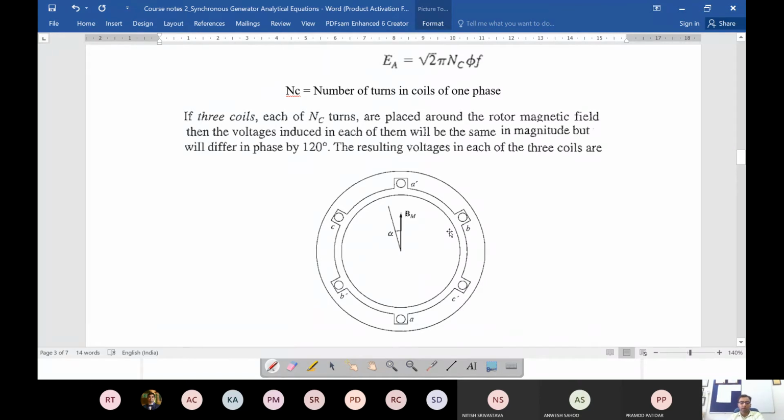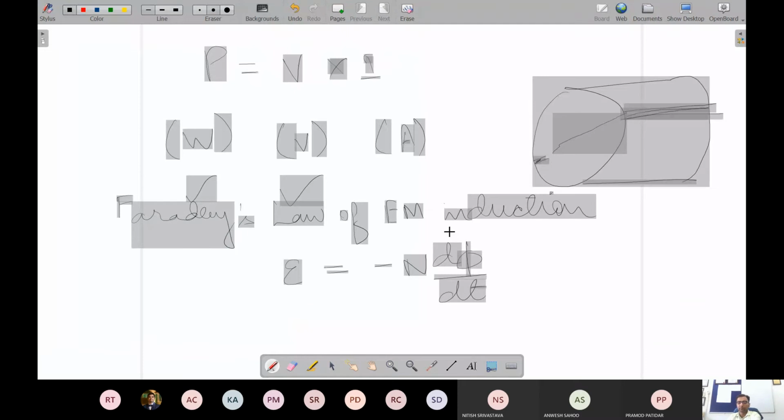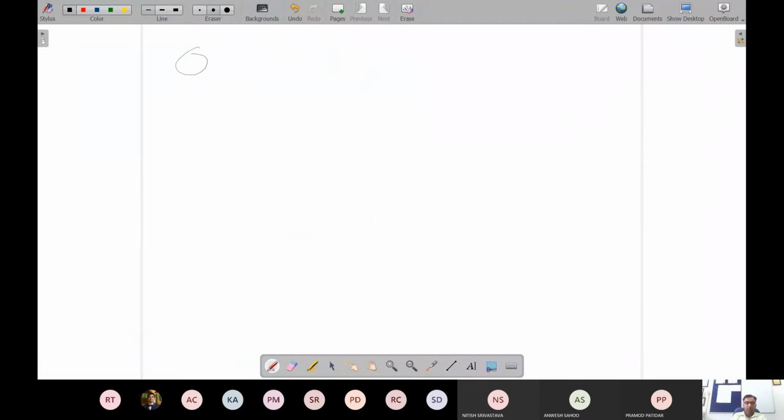We will come to the governing equation in a short while. The flux which is produced in the field winding is directly proportional to the field current, and in this case this is a DC current, as we said. So what you generate will also be a DC flux, but the thing is that it is rotating.